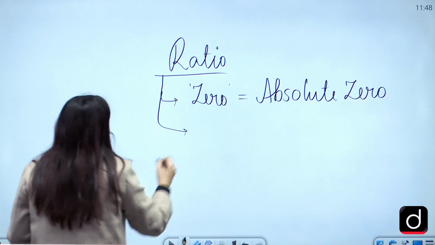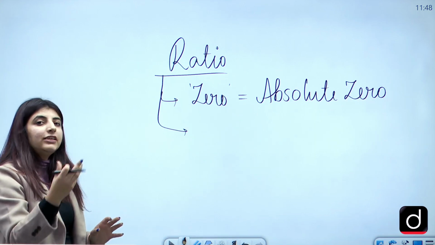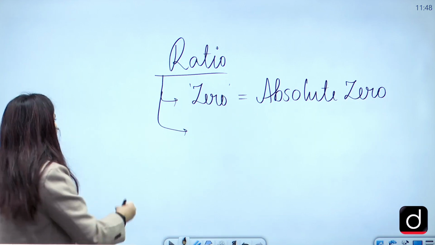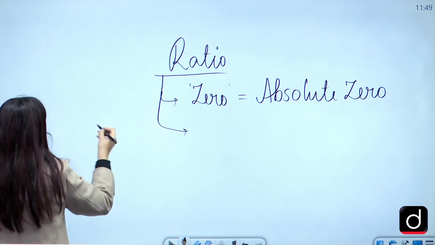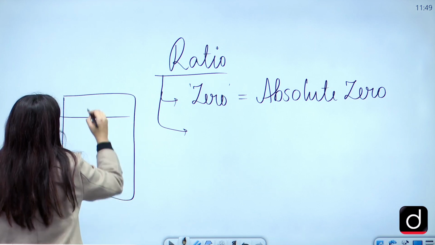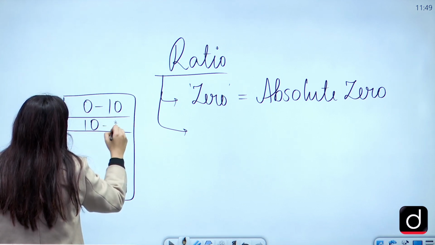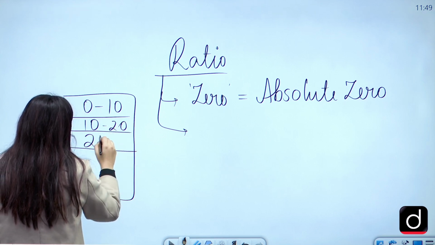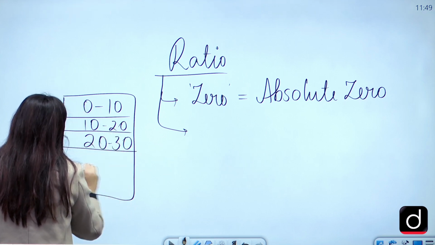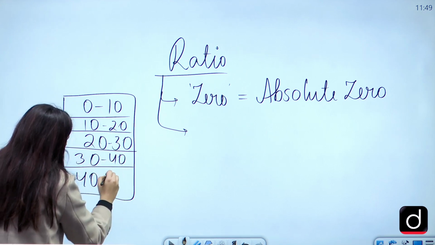Correct? So it has the characteristics of naming, ordering, and standing as in 0 to 10 and 0 to 20. So let us just again take for example, if there are 50 students in the class or 60 students in the class, and I am naming them 0 to 10, 10 to 20, 20 to 30, 30 to 40 and 40 to 50.